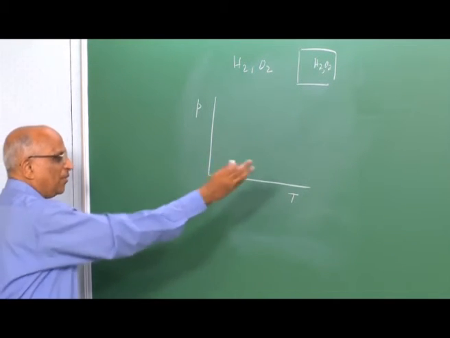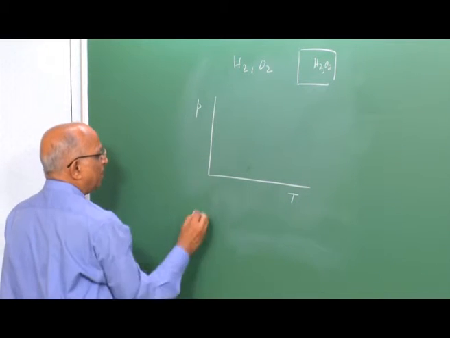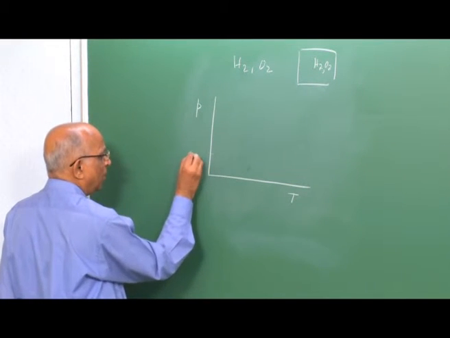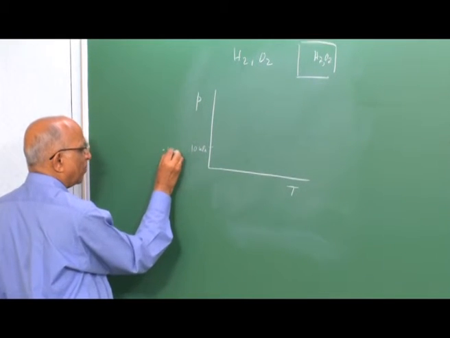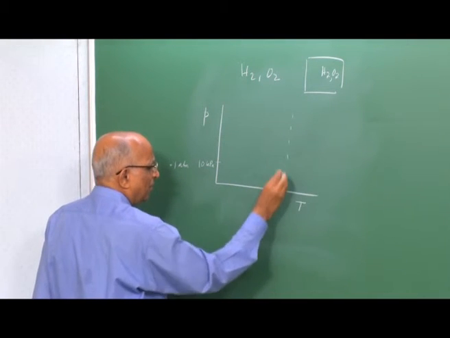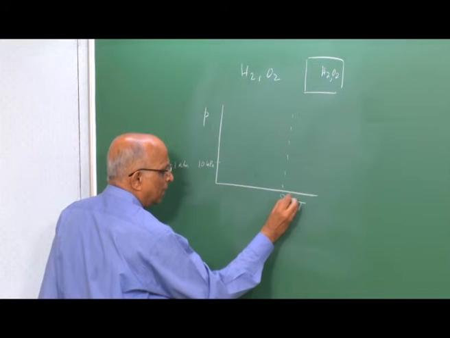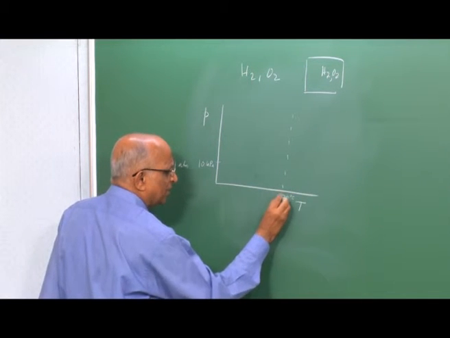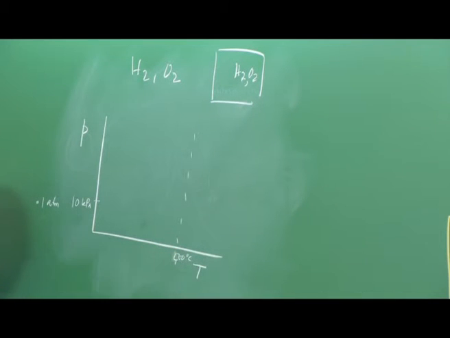Therefore, we use whatever little we have discussed so far. Let us say I am interested in pressure. Let's consider a pressure limit of, let us say, 10 kPa, which is 0.1 of an atmosphere. And let us consider a temperature region around, let us say, 500 or 400 degrees centigrade, because you will recall we said that the auto ignition temperature of a hydrogen oxygen mixture is around 440 degrees centigrade or so.